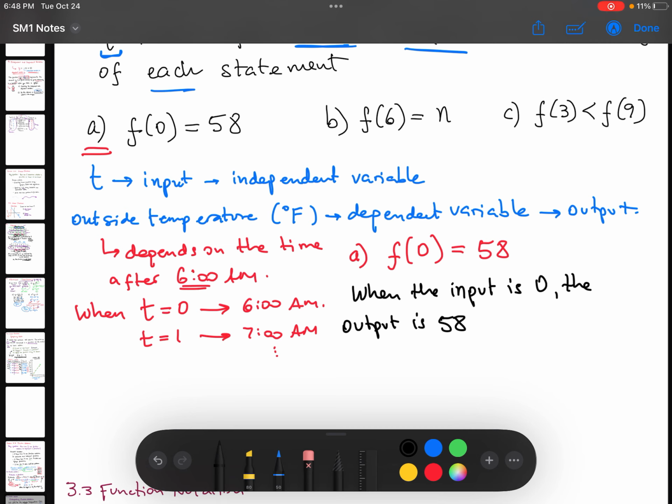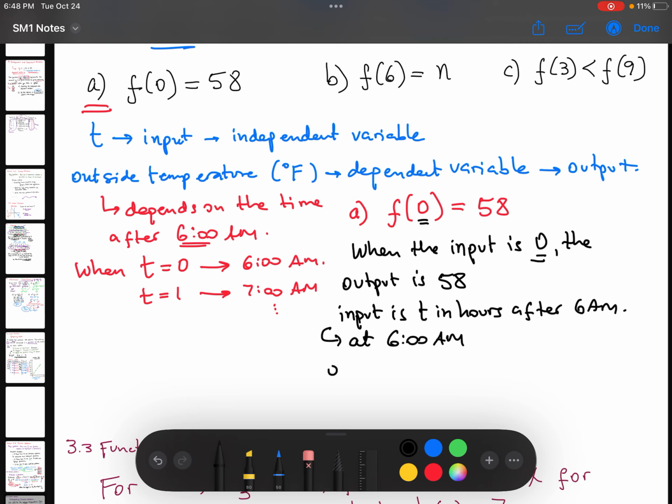Well, I know that the input is time in hours after 6 a.m. Since it is 0, what time is it in here? Well, 6 a.m. So we can say when t equals 0, which is actually at 6 a.m., the output is 58.